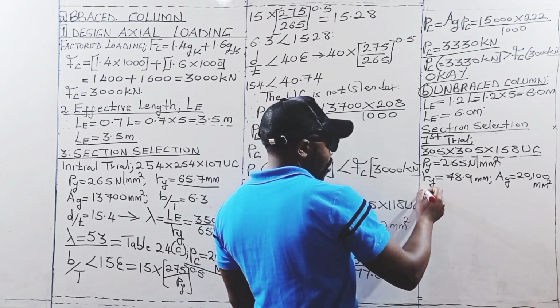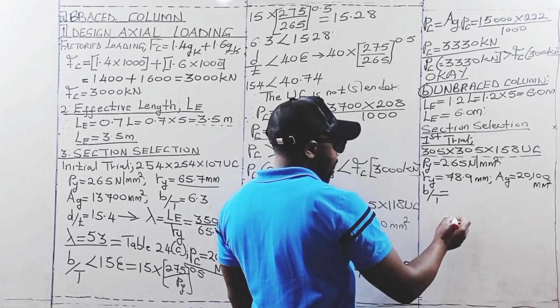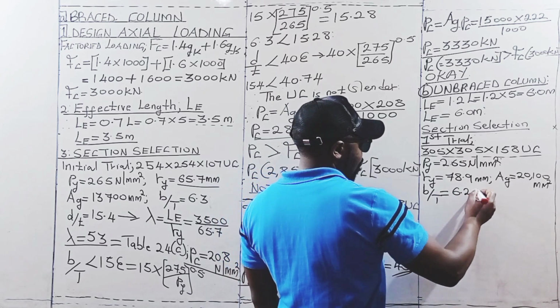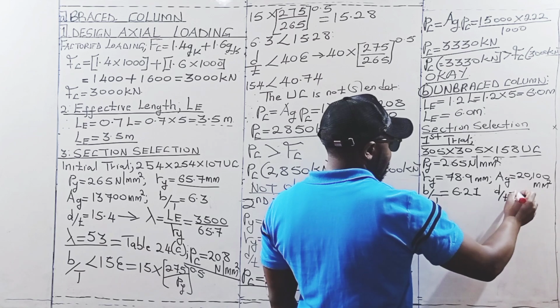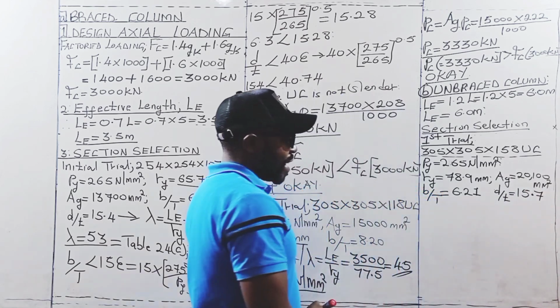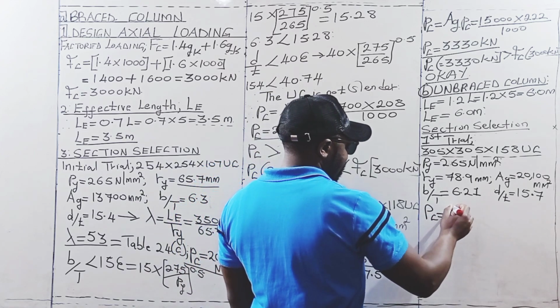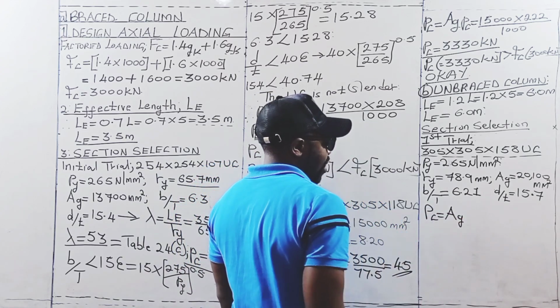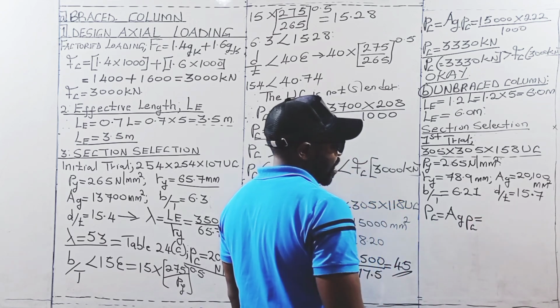The local buckling ratio for the flange, that is B over T, is 6.21, and that for the web, that is D over T, is 15.7. Then the compression resistance for this section will be given by its gross cross-sectional area times its compressive strength.